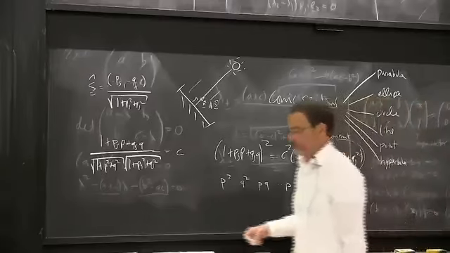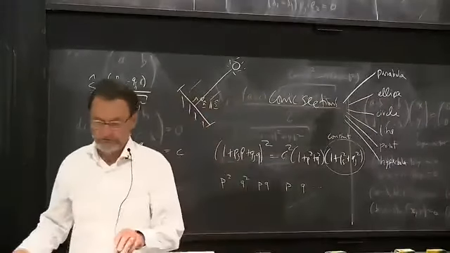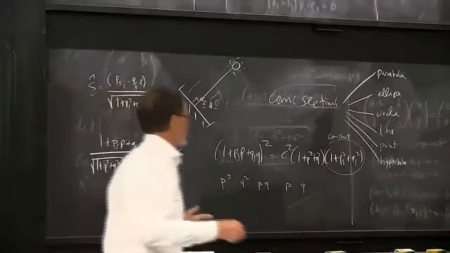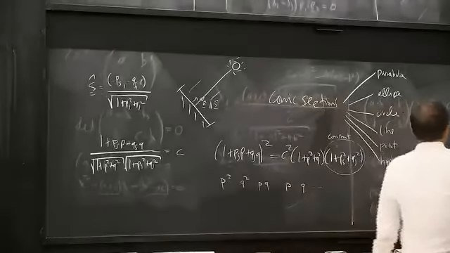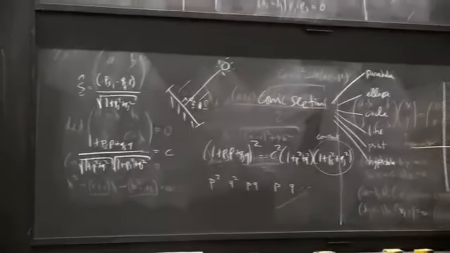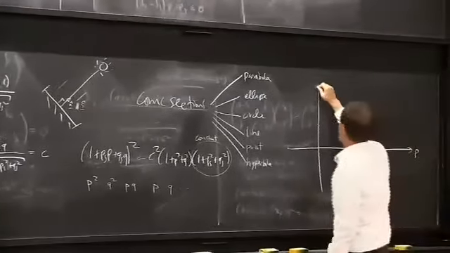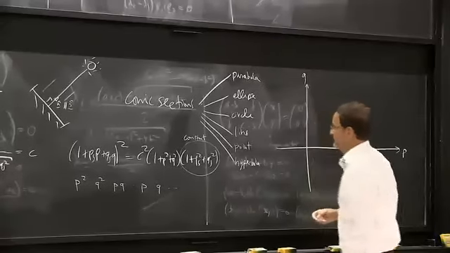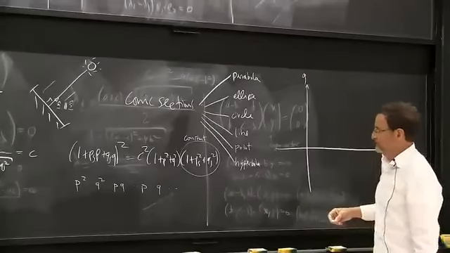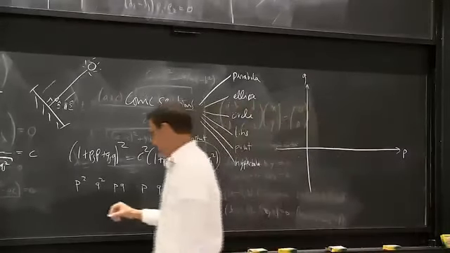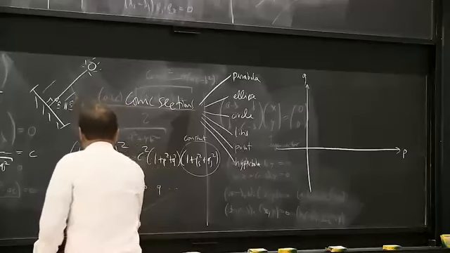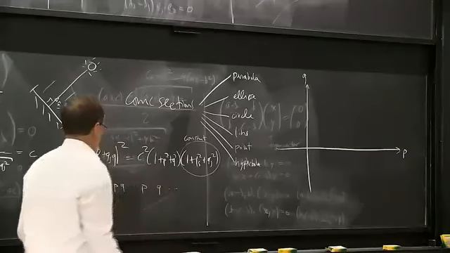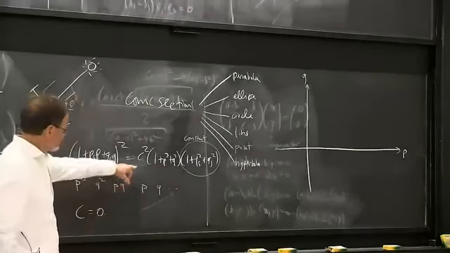Okay, so that's what I want to plot, and this is like a preview of what it's going to look like. If C is 0, let's look at that special case.